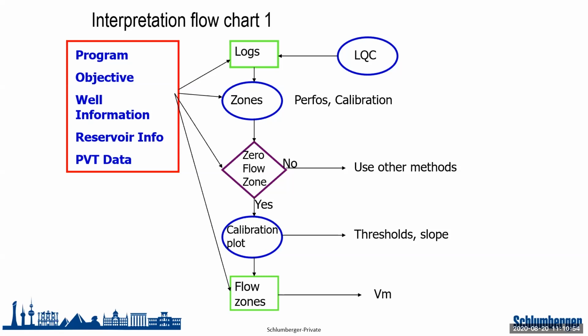Then you build your calibration plot, and from there you get the threshold and the slope of your calibration line. Once you do your calibration, you derive, as we saw in the spinner section, the velocity of the mix. This is what the software is doing, and these are the steps you will follow even if you do it by hand with the help of Excel.